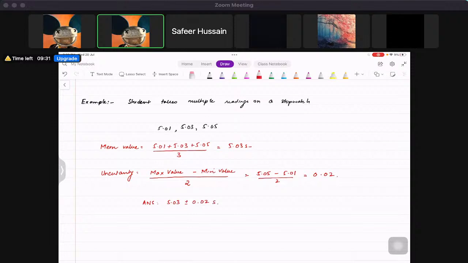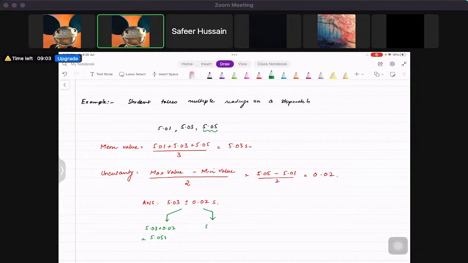Now what does that mean? Basically, plus minus means when you add the uncertainty into it, you're going to get 5.05 seconds, which was the highest value. So for a person like me, you have given me just the uncertainty and this, so I can actually decipher what your readings were.